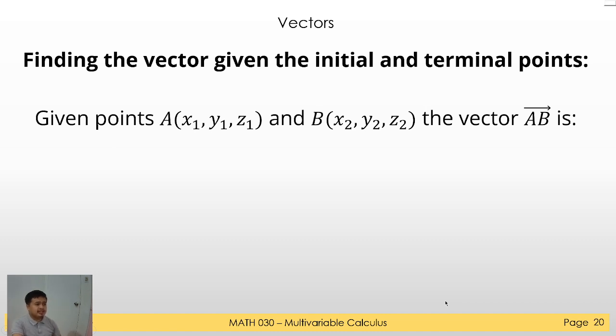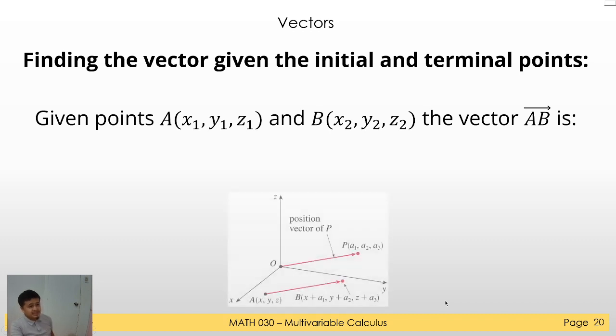Now, finding the vector given the initial and terminal points. Let's say we are given two points A and B. What is vector AB? If we have a given initial point and a terminal point, we can find vector AB.